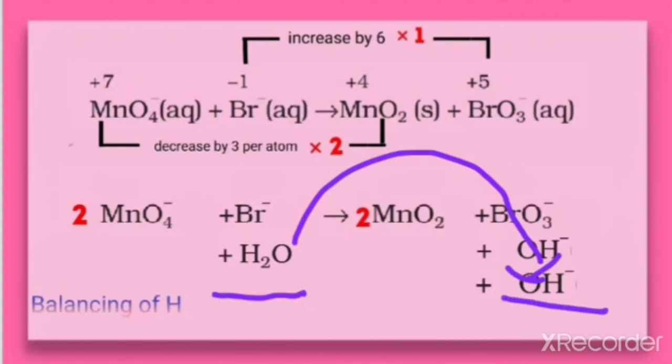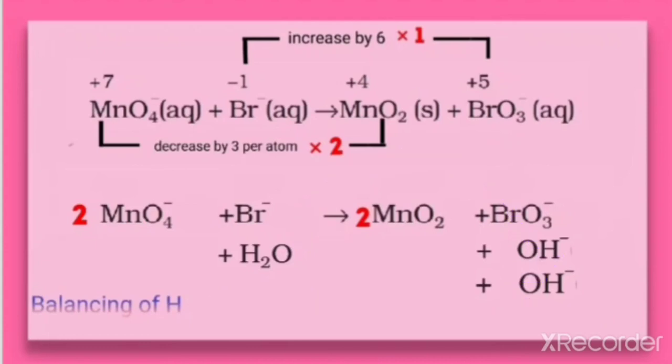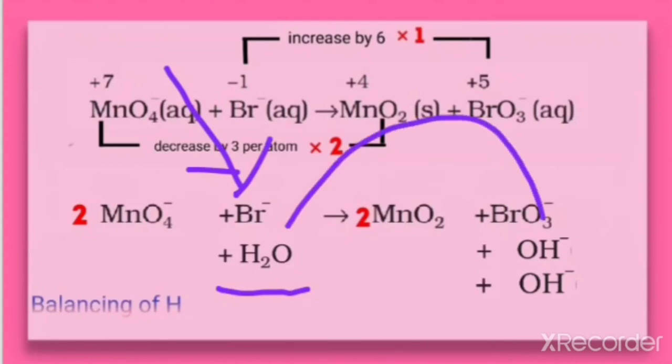So this is the rule in the basic medium. For balancing of hydrogen, add H2O on the deficient side, and add an equal number of OH negative on the opposite side.